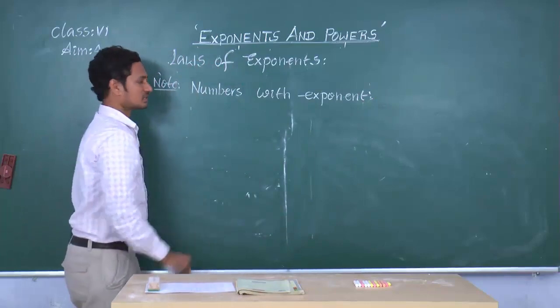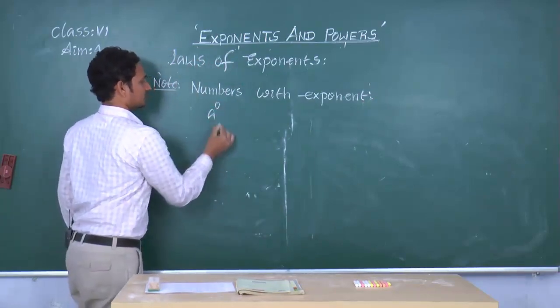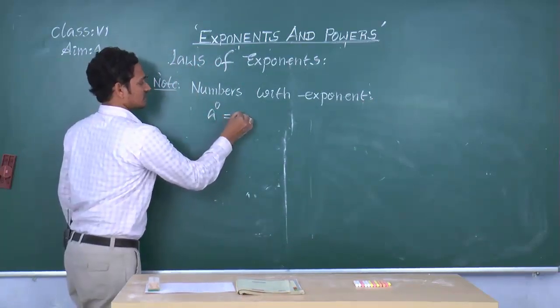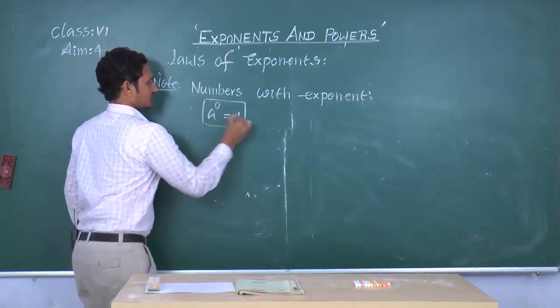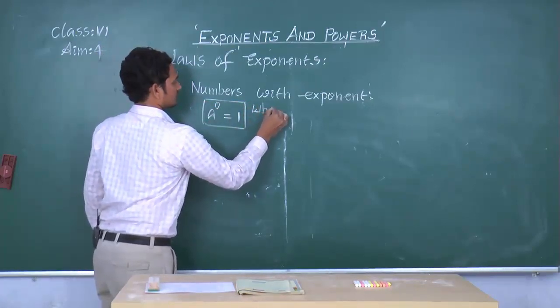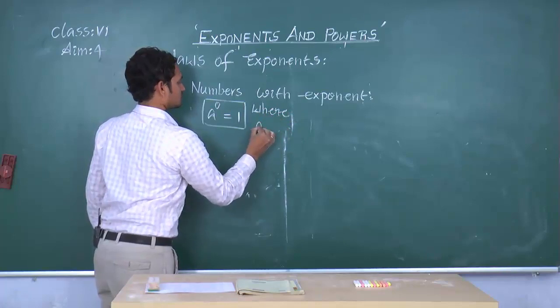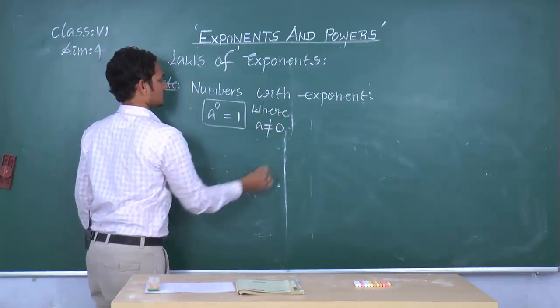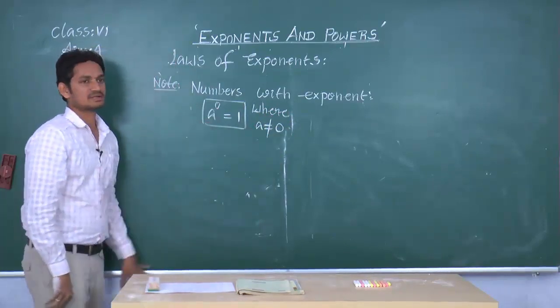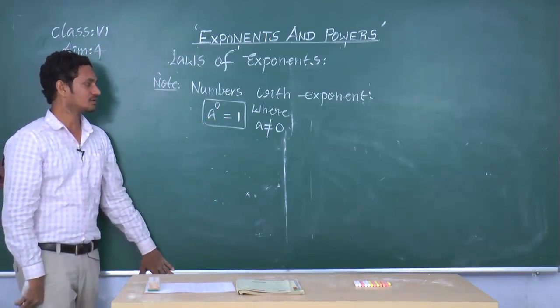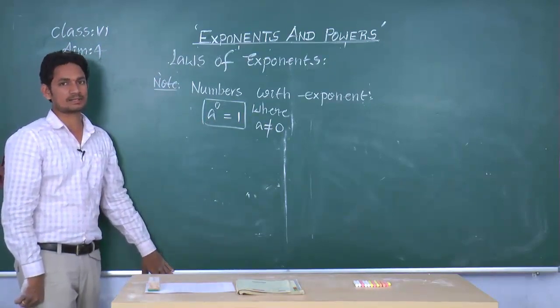Here I am introducing a law. Any number with power 0 is always 1, where a should not be equal to 0. Any number with power 0, the value is always 1.